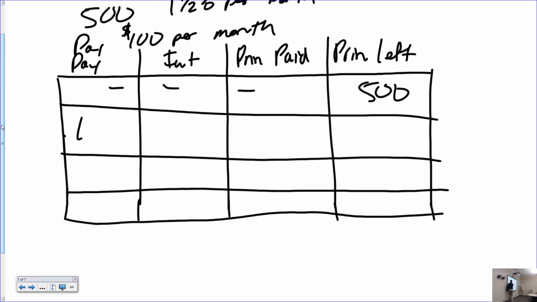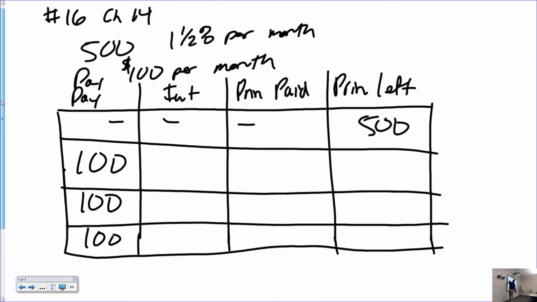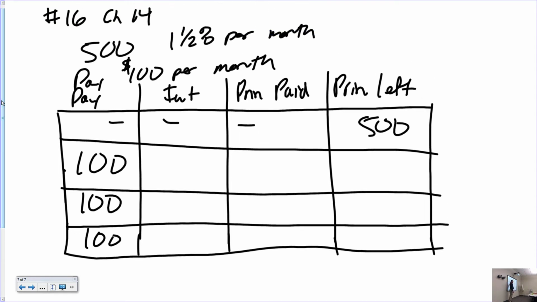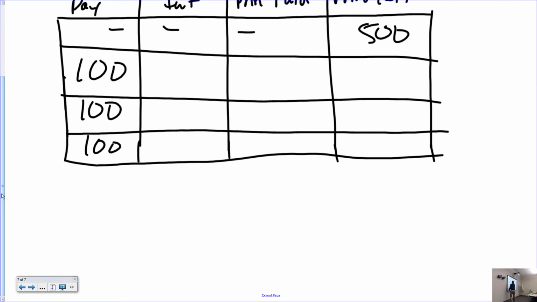So she's paying $100 per month, right? The interest is just this 1.5% per month. The 1.5% is including the time, so it's really just going to be interest equals $500 times 0.015. The 1.5% is the monthly charge, which is why this problem is a little bit weird, but whatever.